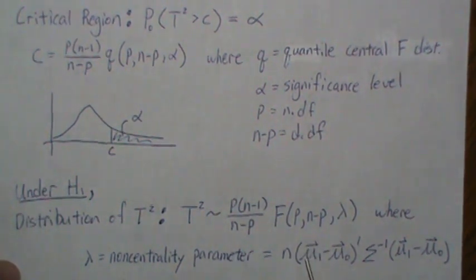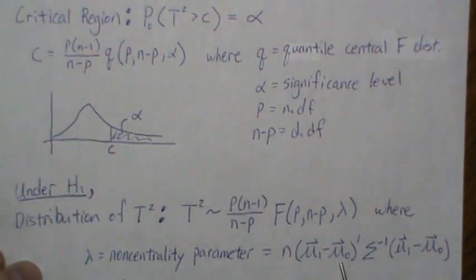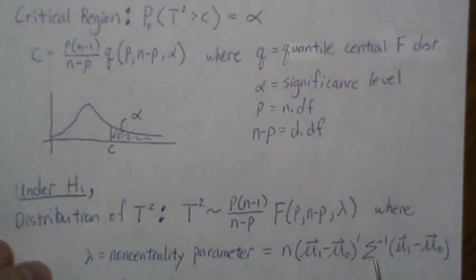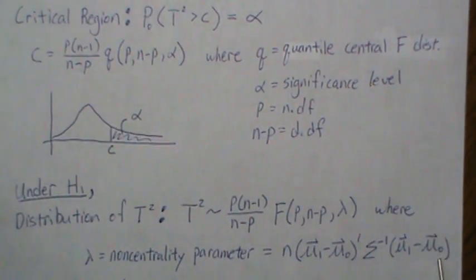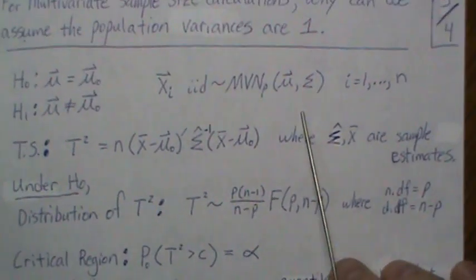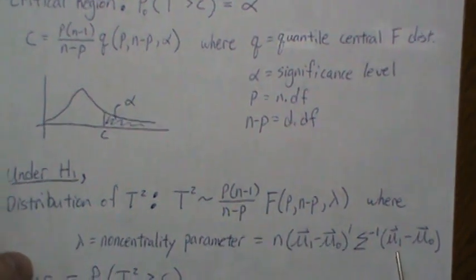So normally this would be x bar, but we're assuming that it follows a multivariate normal with mean mu1. So we put mu1 here minus the null mean, mu naught, with the true population covariance matrix. And so this is the non-centrality parameter. Even though we didn't know sigma, it actually shows up in the non-centrality parameter.